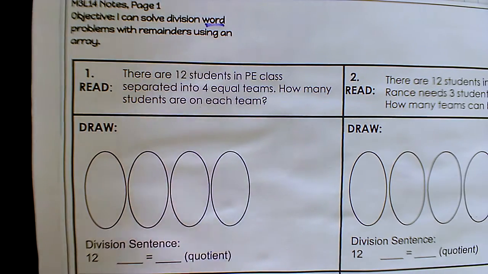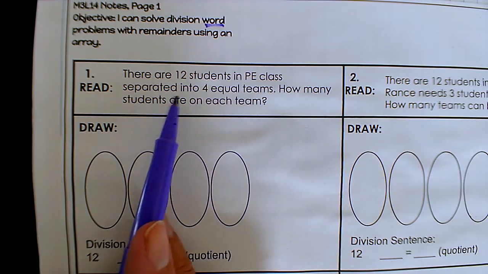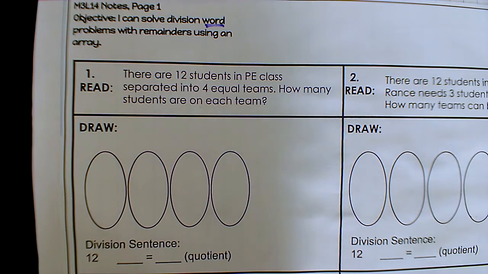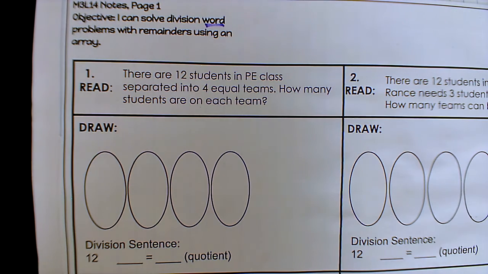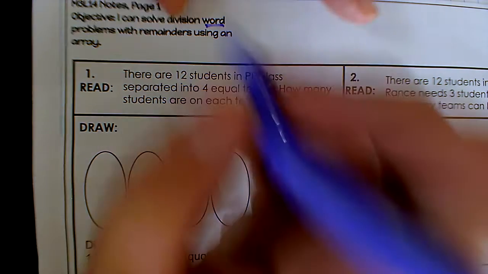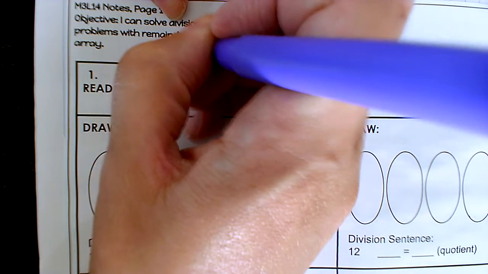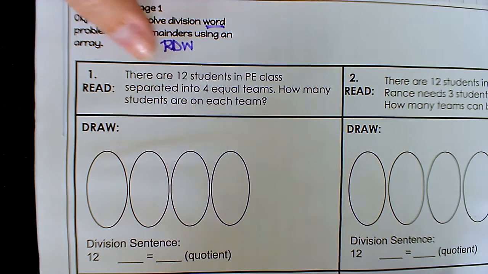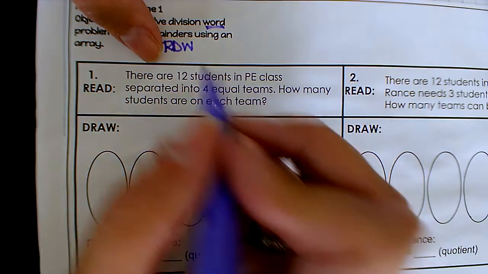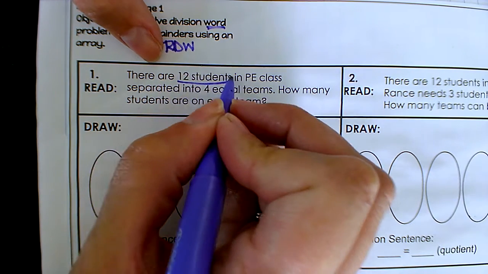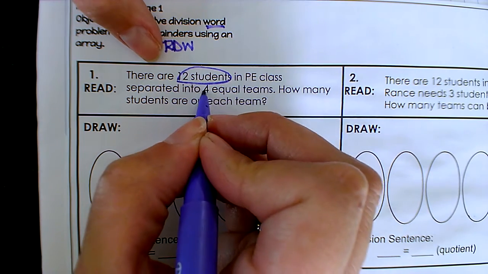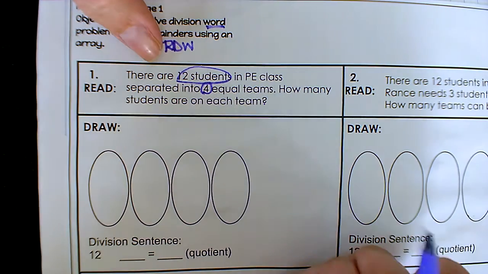It says there are 12 students in PE class separated into 4 equal teams. How many students are on each team? So I know that any word problem, I need to use the read, draw, write method. To read, I first circle my numbers and labels: 12 students, 4 teams.